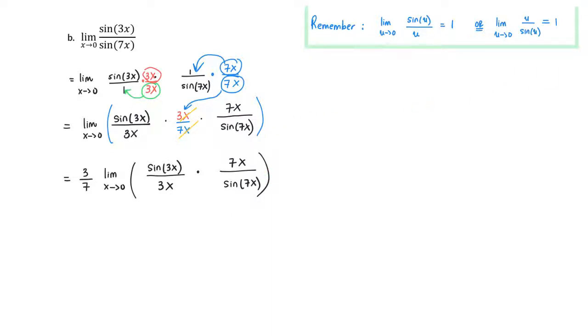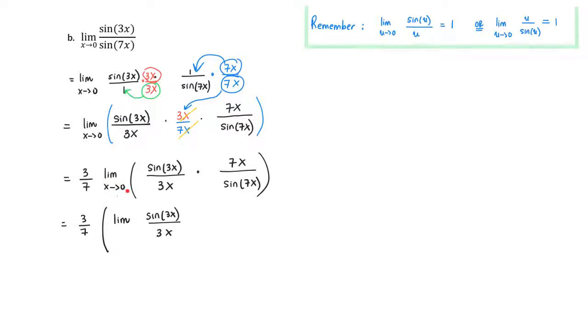All that I have to do now is to apply the limit to this expression and to this expression right here. So then I am going to do that as 3/7, and then over here, brackets, I'm going to have sine of 3x divided by 3x, and this will be the limit, but now I am going to make my adjustment.